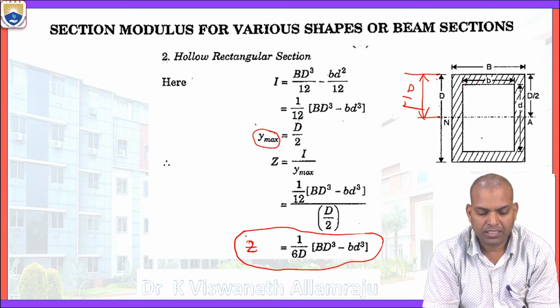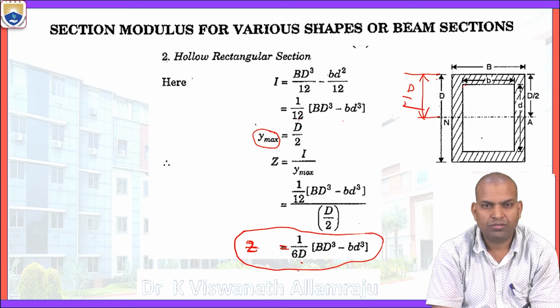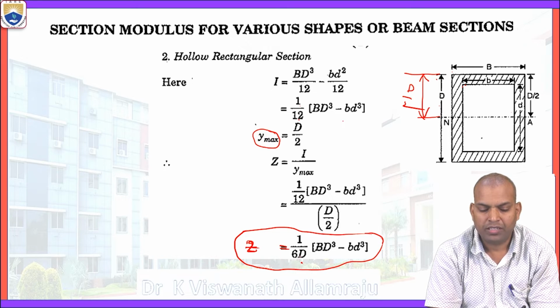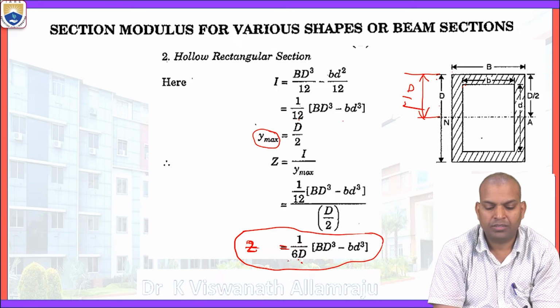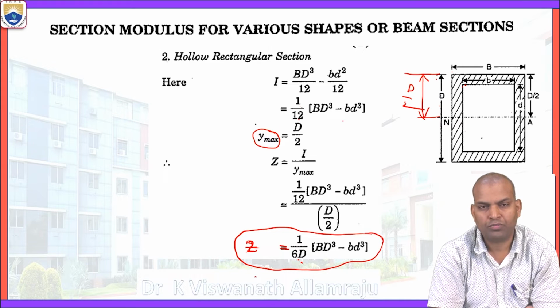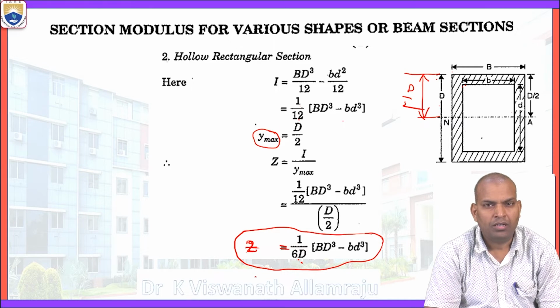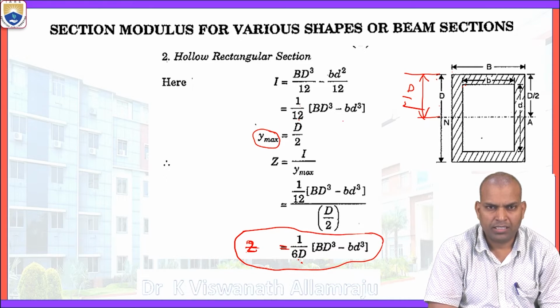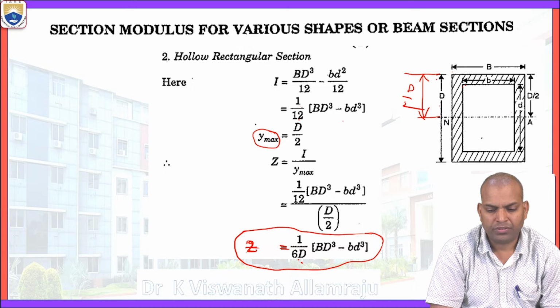So when d increases, the Z value decreases. The section modulus is dependent on the depth and breadth of the section.